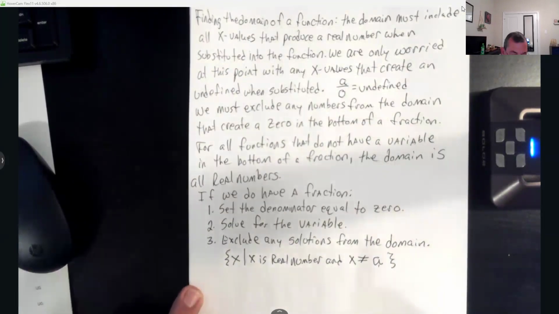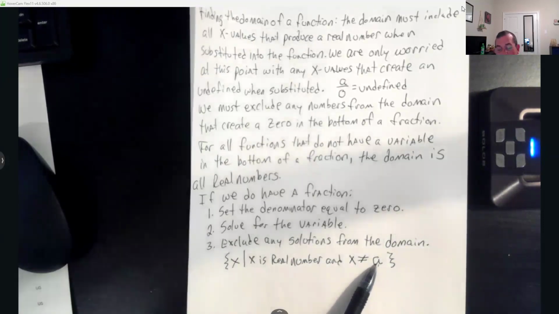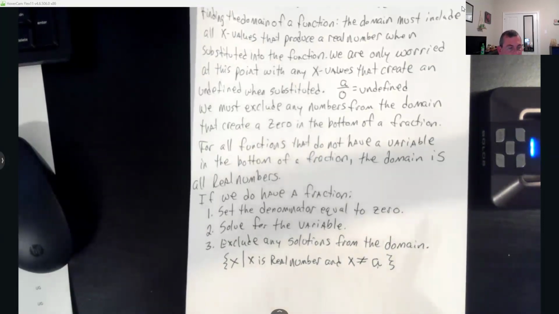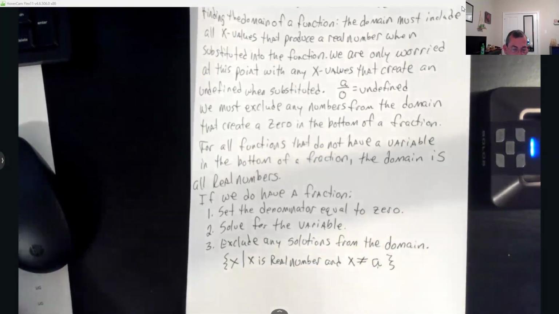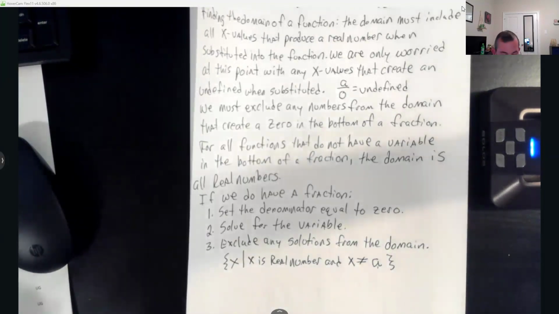Okay, so this is our domain. Domain is x can be any real number except whatever made it equal 0 in that fraction, okay? And y'all, that's what the rest of 2.3 is about. We're going to be looking at functions, and we're sort of going to find what their domain might be, okay? So I'm going to start us on those kind of problems.